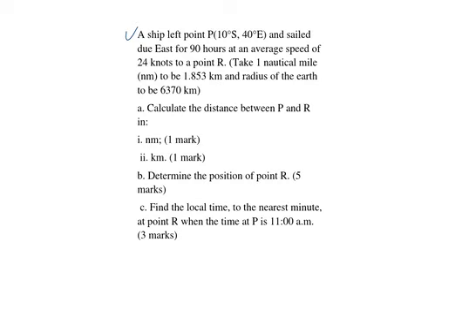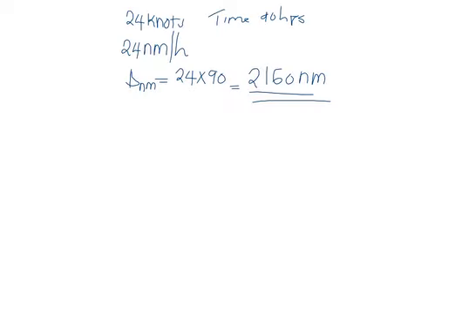Roman 2 of part A, we are told to find the same distance between P and R in kilometers. So now we change the nautical miles into kilometers, and we are told 1.853 kilometers is equal to 1 nautical mile.